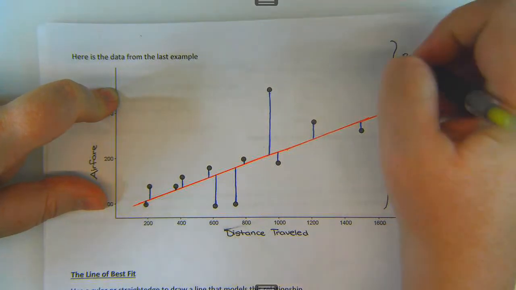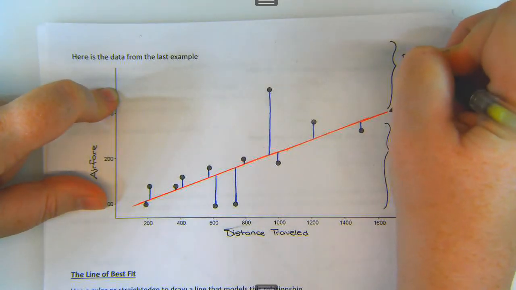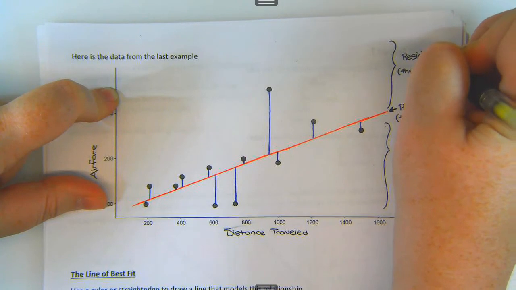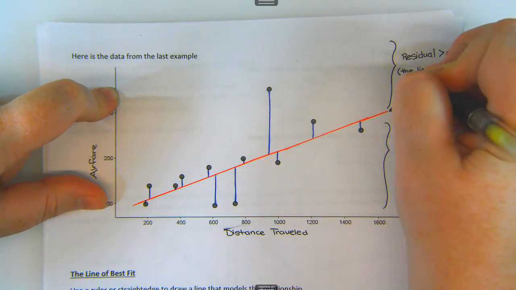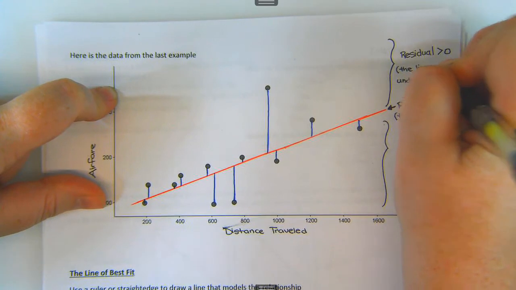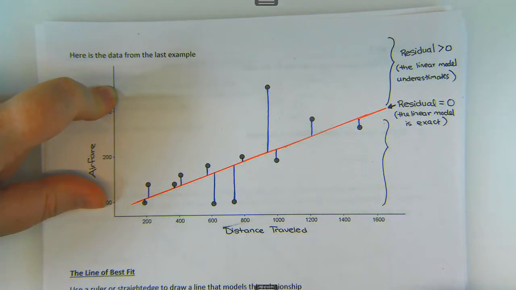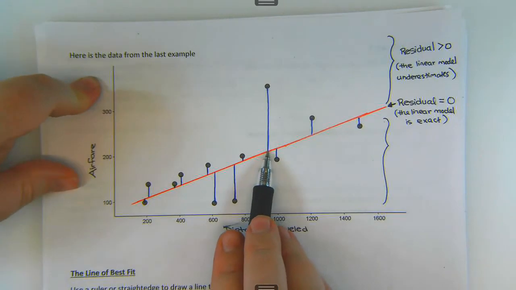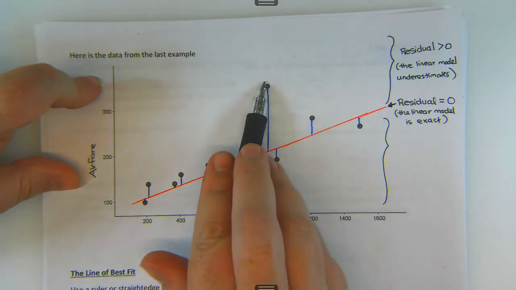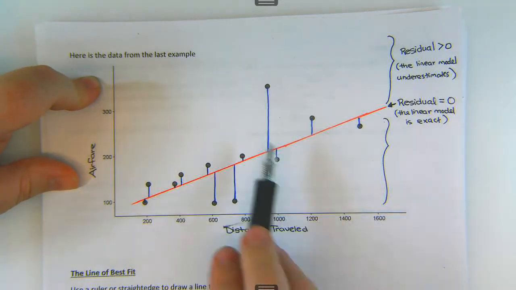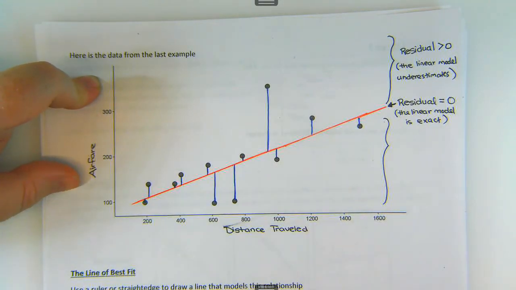So if we have positive residuals, this is where the linear model underestimates. The idea being that it underestimated what actually occurred. Like for this person where it estimated that the cost should be close to $200 and they actually paid up to $400, they way underestimated what actually happened for them.